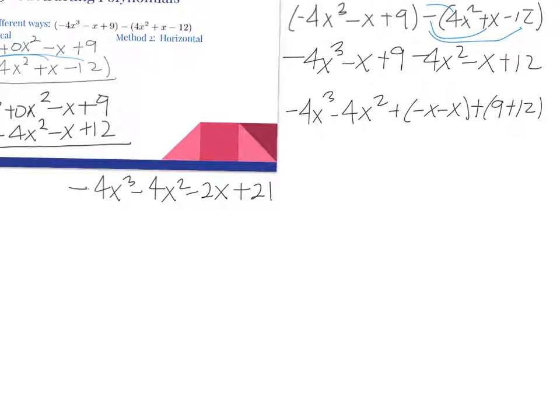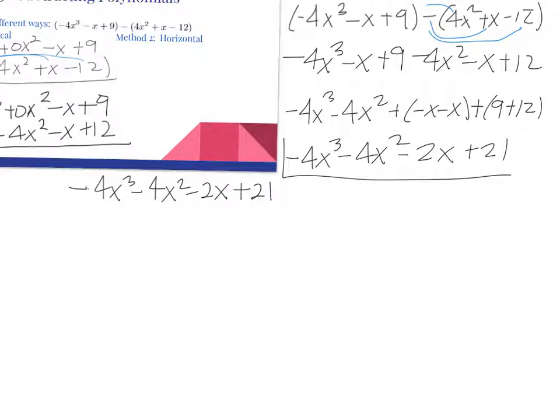So I'll combine those horizontally. So I have negative 4x cubed minus 4x squared. Negative x and negative x is going to be negative 2x, and 9 plus 12 is 21. So we see that no matter what way we go, we get the exact same answer if we do it correctly.